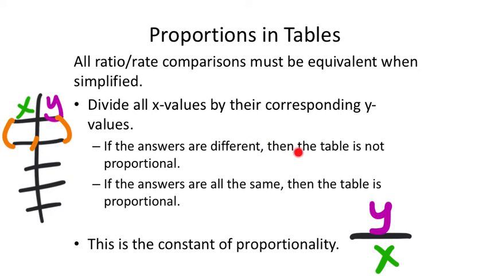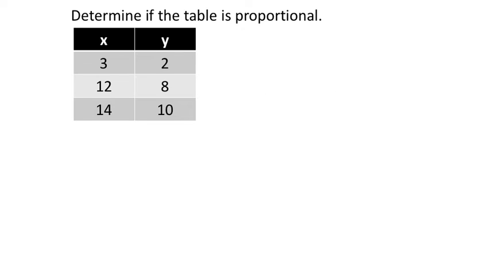If at any time we find that the values are not the same, then it's not proportional. To find a constant of proportionality, it has to be proportional first, just like we saw in the example with the table earlier. If it's not proportional, there's no need to find a constant of proportionality. So let's look at this example right here.